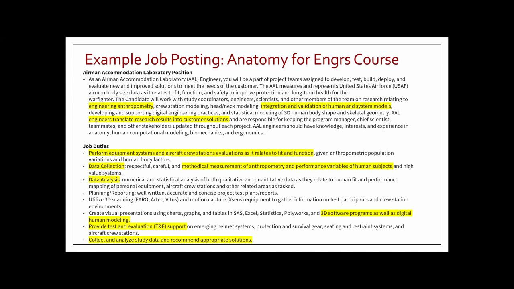So the things that I highlighted here are things that I specifically tried to make course activities related to. So some of that is measuring on real humans, quantifying variability of human subjects, doing some data analysis, and also 3D software programs for digital human modeling.